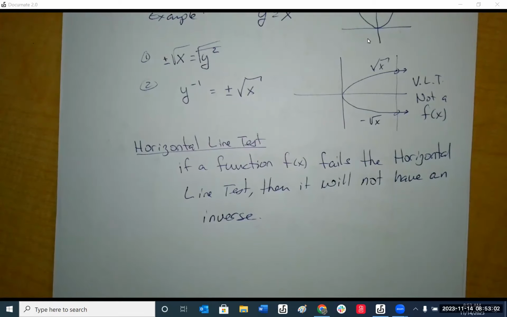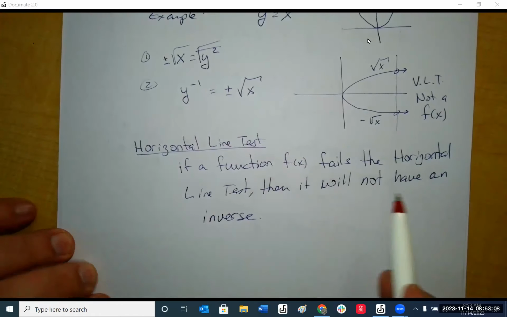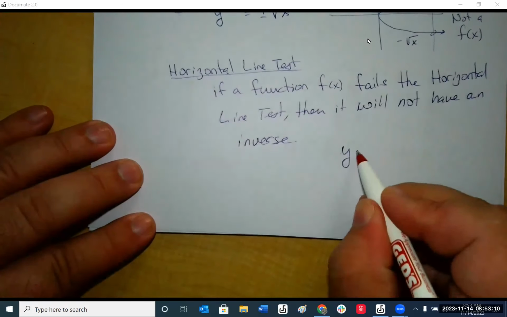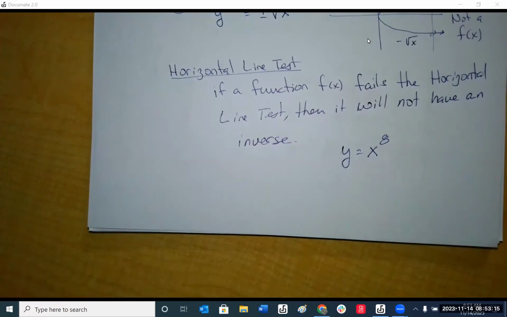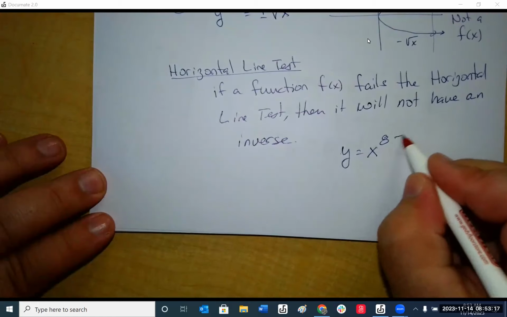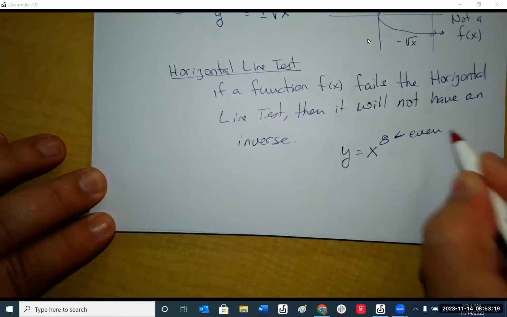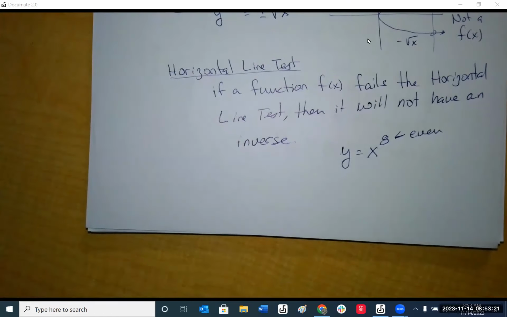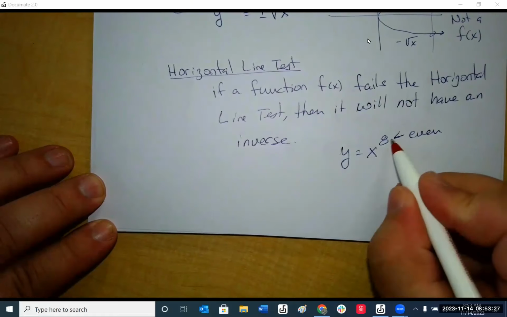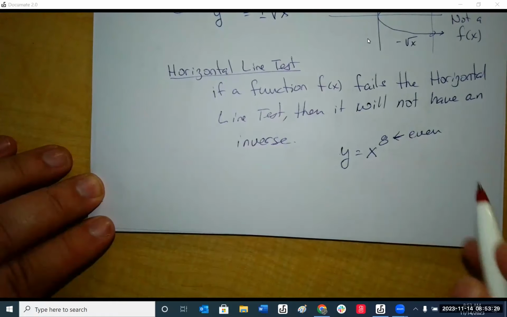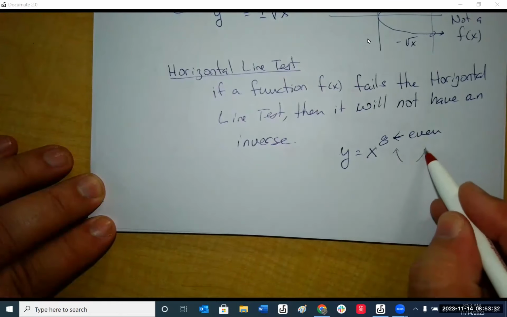Now, I know you all memorized these charts and our discussion from last chapter. So what this means is any function with an even exponent, if an exponent is even, it does not have an inverse. Why? Because remember, if the degree is even, that means both ends point the same direction.